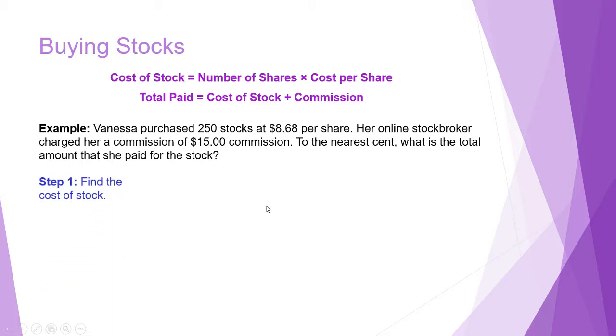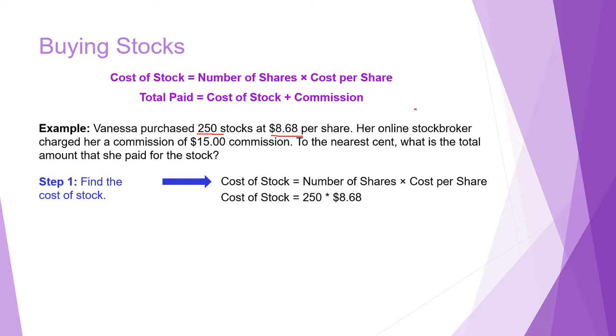So what you want to do is first find the cost of the stock. So remember, we're trying to buy 250 shares, and each share is $8.68. So we need to multiply the two together to find out how much the stock is.